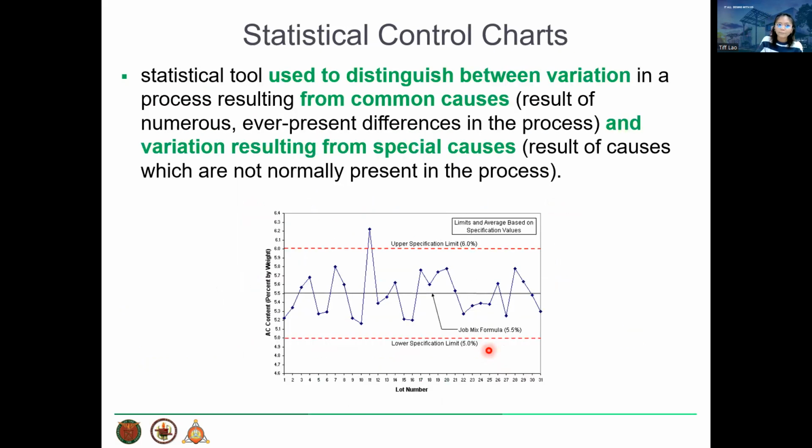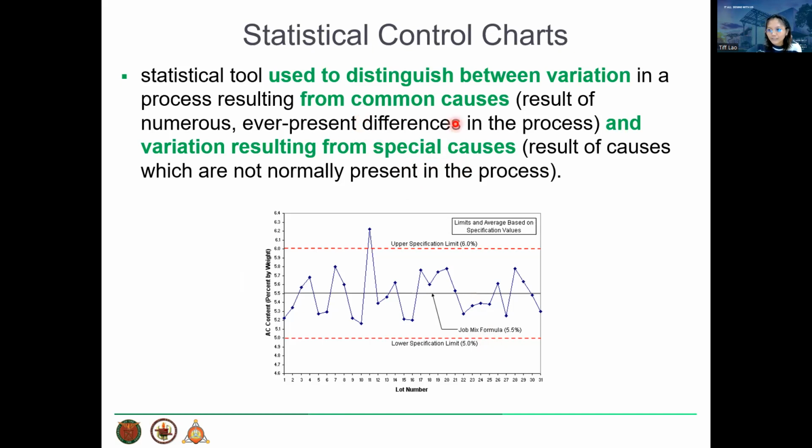And also using SPC, aside from malalaman mo dito kung out of control yung process, malalaman mo din if yung cause of variation, yung cause ng pagiging out of control ng process mo, ay due to special causes or due to common causes.